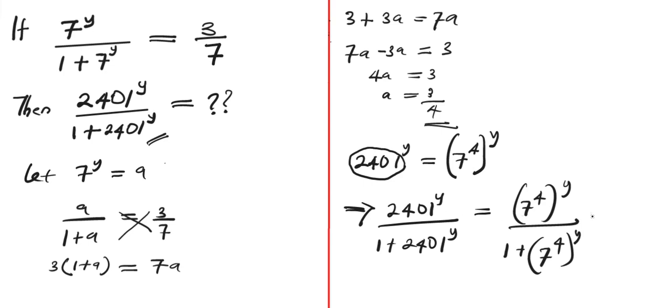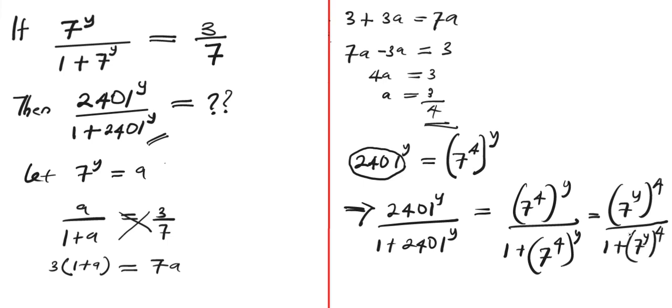According to the exponential law, the y can come before the 4. So we have 7 power y power 4 divided by 1 plus 7 power y power 4.